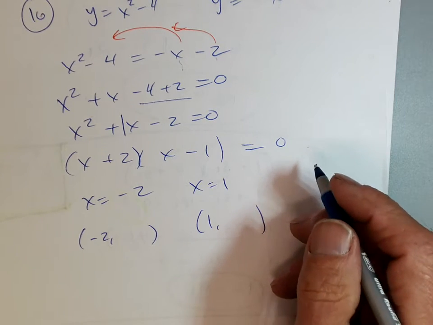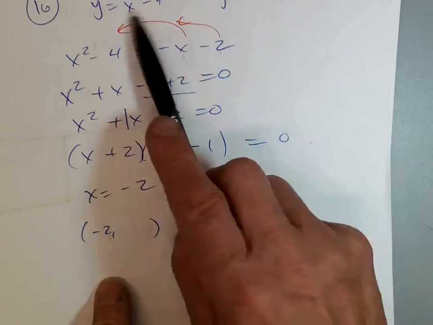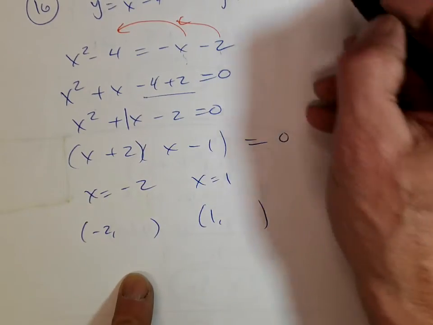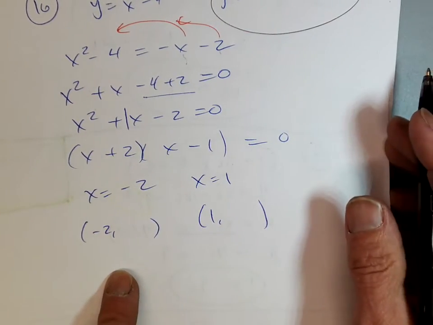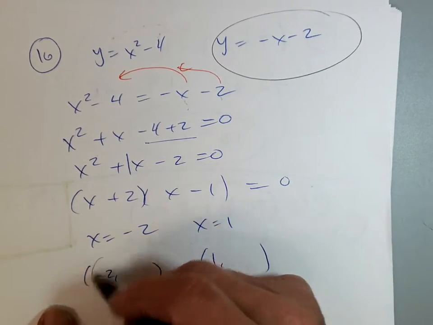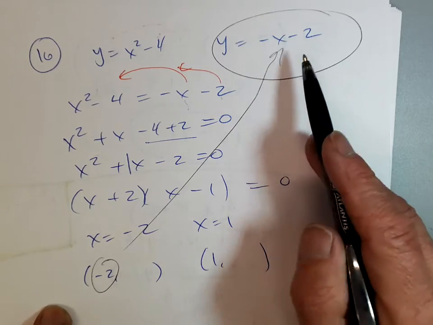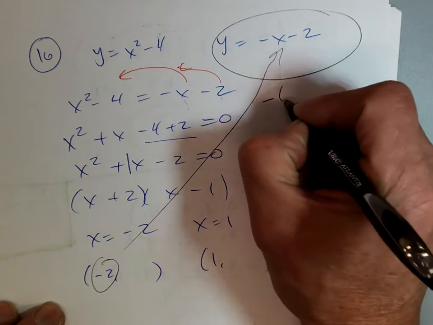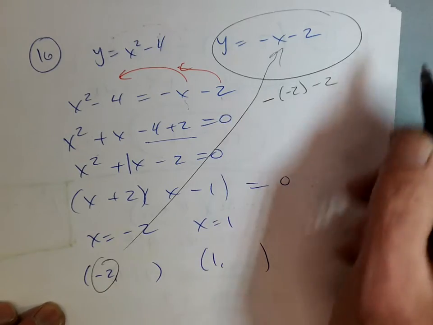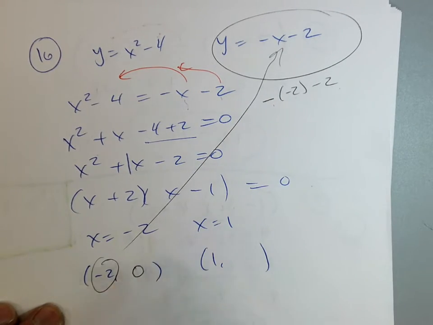To get the corresponding y value, I can plug it into either equation. Doesn't matter. This one looks like the easier equation to plug into. You agree? So if I take my negative 2 and plug it in there, I'd have negative 2 minus 2, which is really 2 minus 2, which is 0.